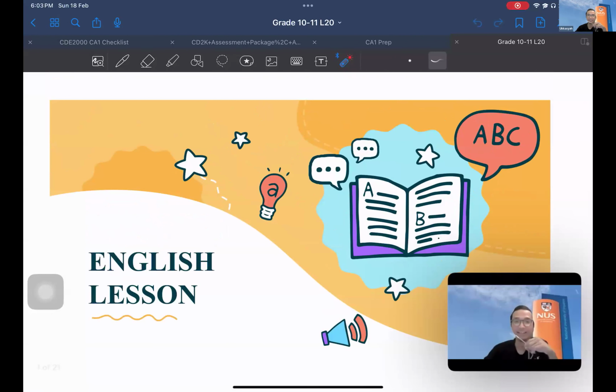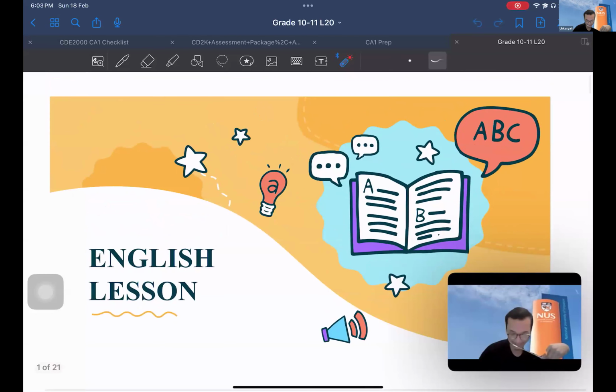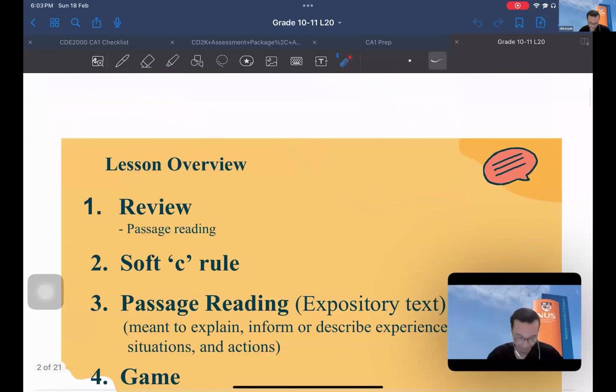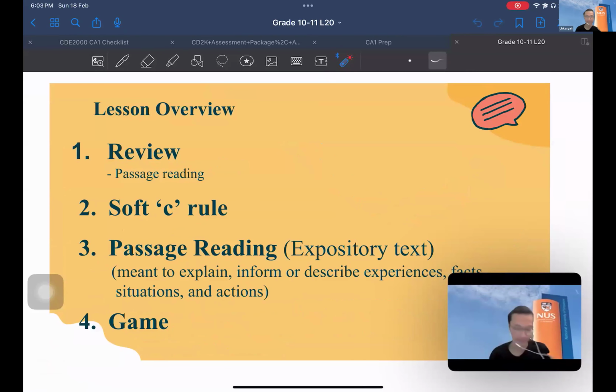Okay. Today, our lesson will be an English lesson for grade 10 to 11. We'll be going through mostly pronunciation, how to pronounce the letter C correctly in different situations.